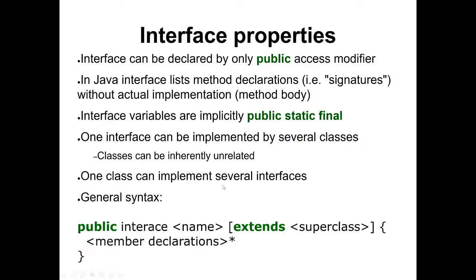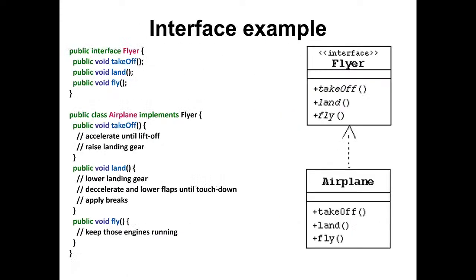Let's move on. Again, one class can implement several interfaces. That's the idea of how multiple inheritance can be achieved here, and the general syntax as well. So we have the public interface, then we have the name, and of course it can extend superclasses. That's the simple example. We have the interface with the methods defined. We have the Flyer.